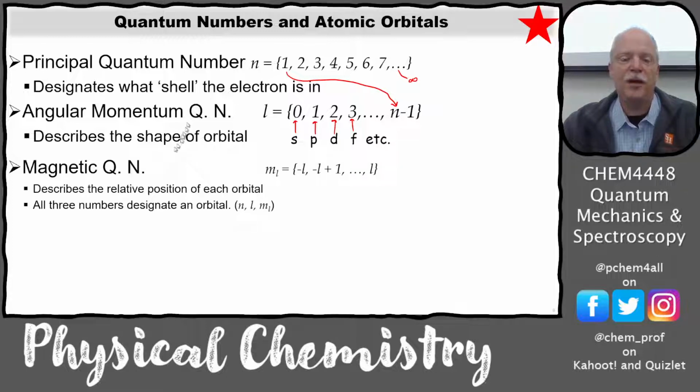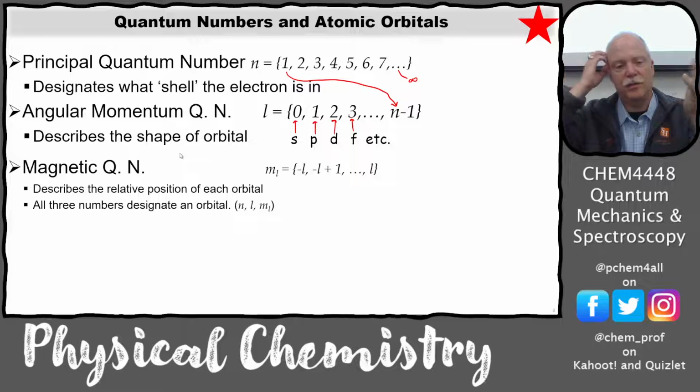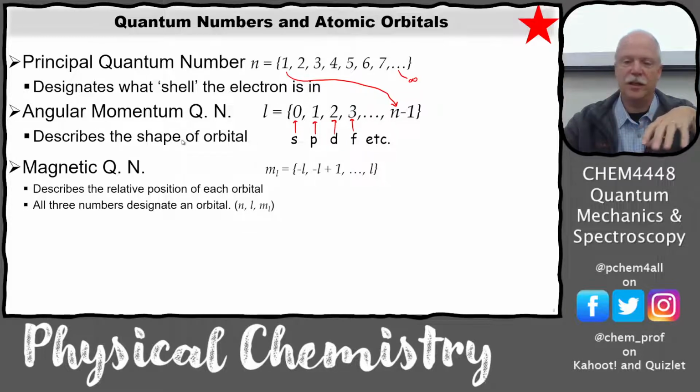And then we have the magnetic quantum number, and there's the clue in that name. We don't see an energy difference on these quantum numbers unless it's in a magnetic field. So these orbitals have the same energy if they're not in a magnetic field. And this describes the relative position of each orbital. And this one is capped as well.